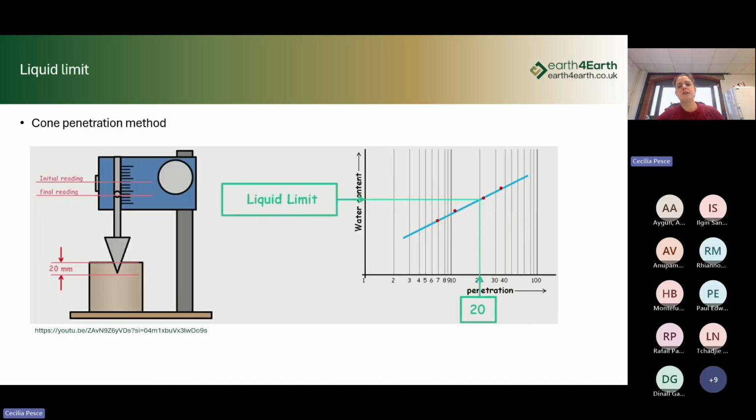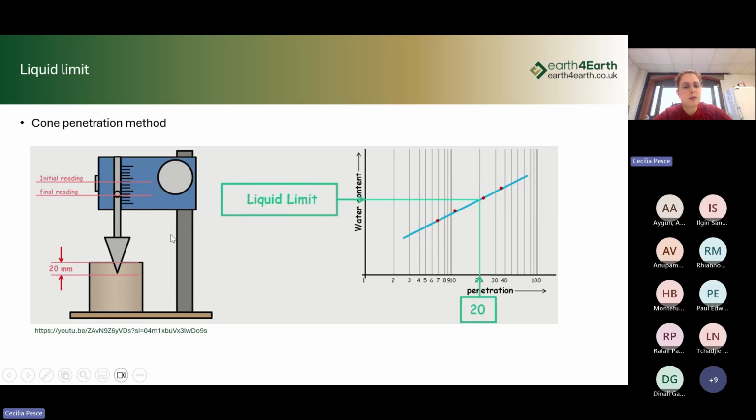Similarly is done for the cone penetration method. This is our soil sample, and this part of the machine is left free falling under its own weight. Depending on the moisture, this cone will penetrate to a different depth.